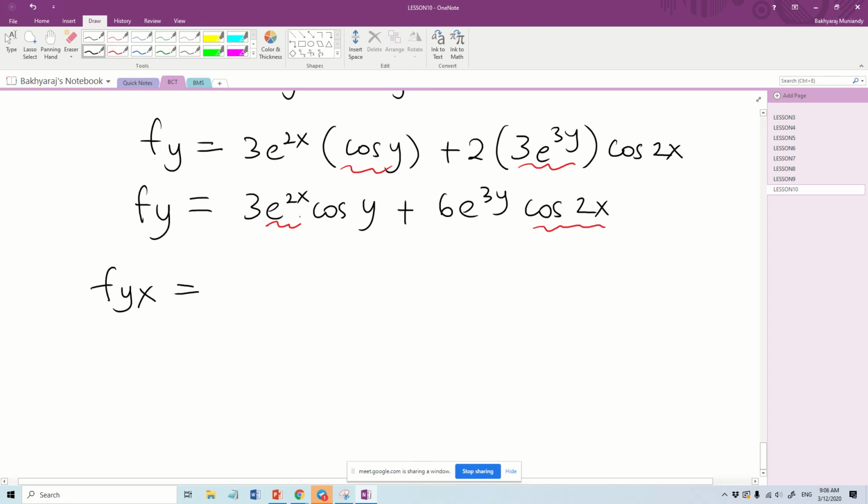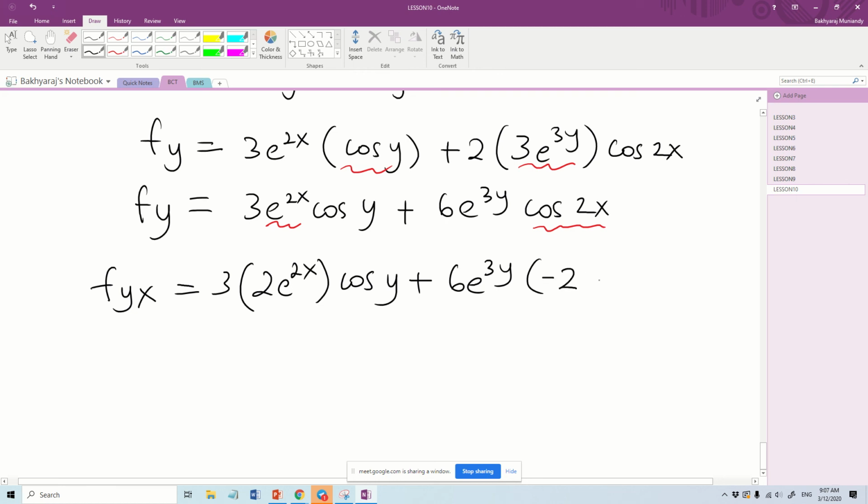Differentiate exponent 2x: 3 bracket, I get 2 exponent 2x cos y, plus 6 exponent 3y, just copy back, and differentiate cos 2x. So what will be the answer?